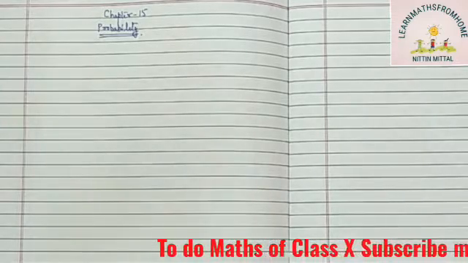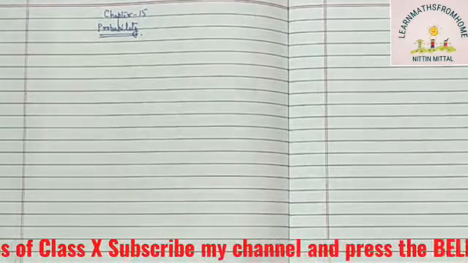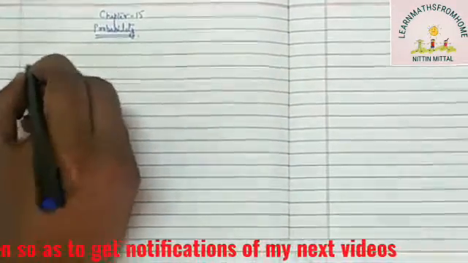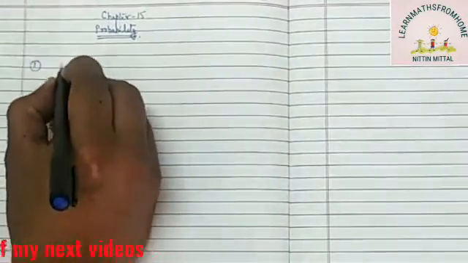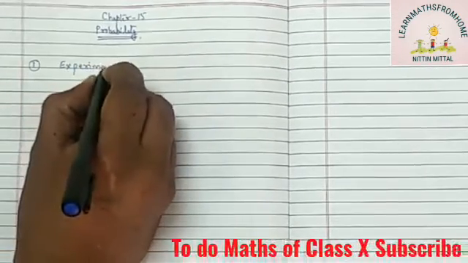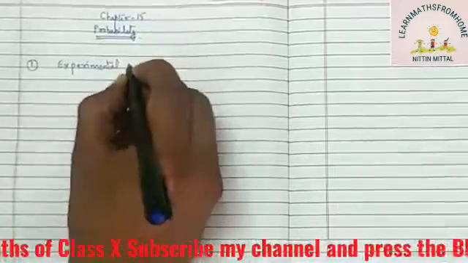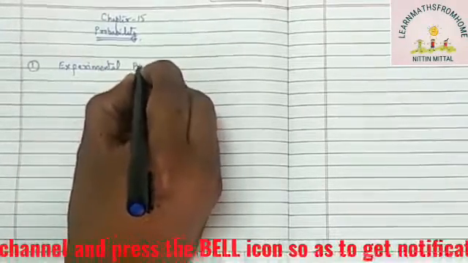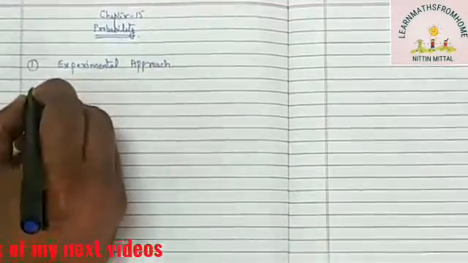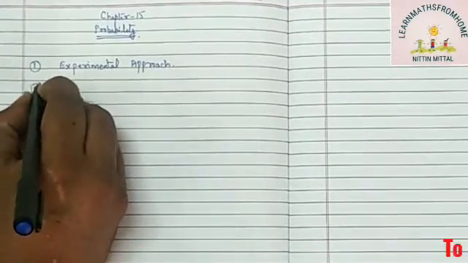So probability can be calculated under two approaches. So there are two approaches to calculate probability. First one is experimental approach. It is also known as empirical approach.